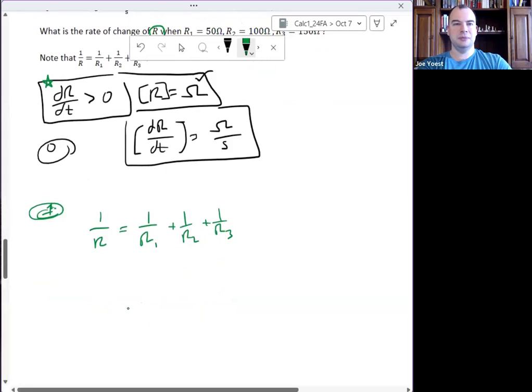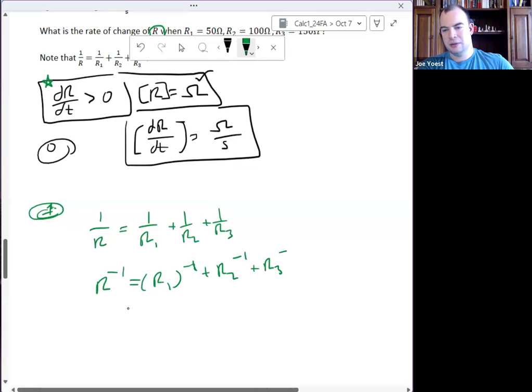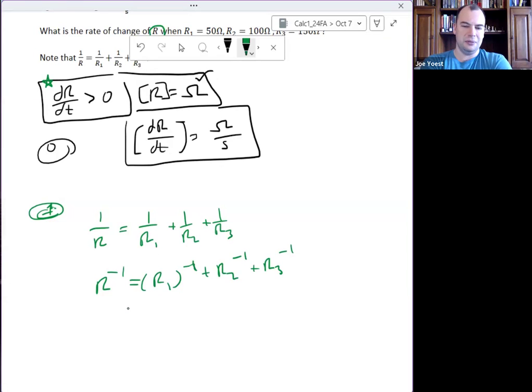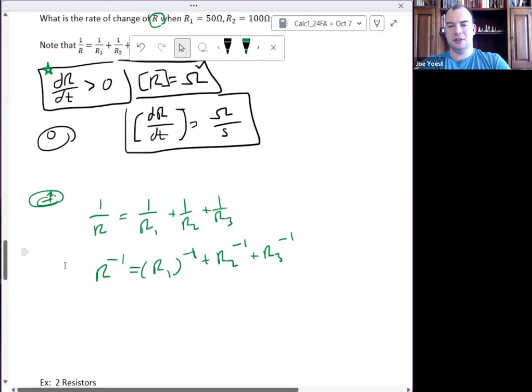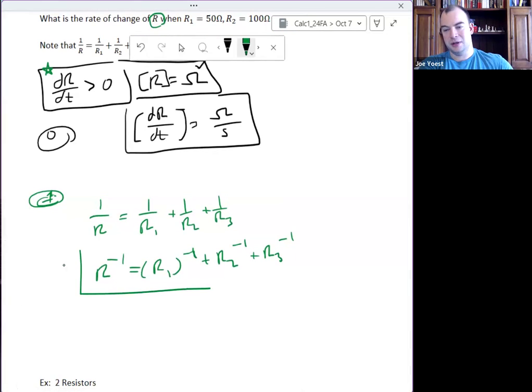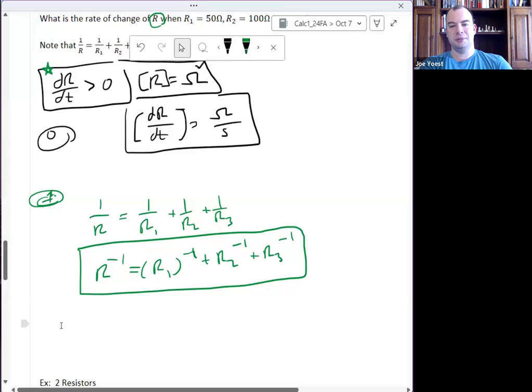Those are related by this equation, or I might even write this as just R^-1 = R1^-1 + R2^-1 + R3^-1. I don't think I need parentheses on those, but if you want them to keep the subscript and superscript separated, no problem. But there's my algebraic relation between the underlying variables whose rates I want to relate.